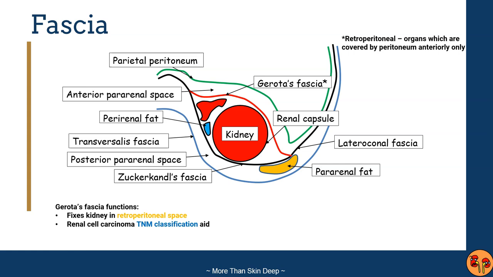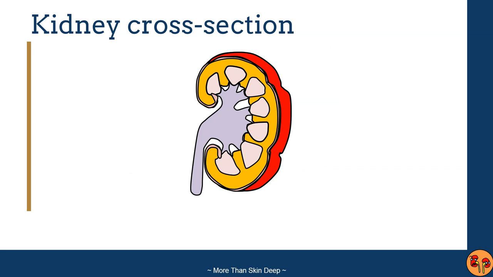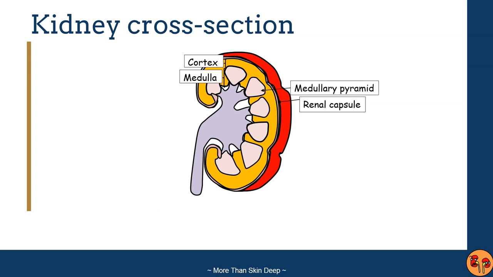Now let's take a look at the cross-section of the kidney. Firstly, here is the renal capsule which surrounds the kidney. The kidney can be subdivided into two layers, the cortex and the medulla. Within the medullary layer, you have what is called the medullary pyramids. The pyramids open into the minor calyces.